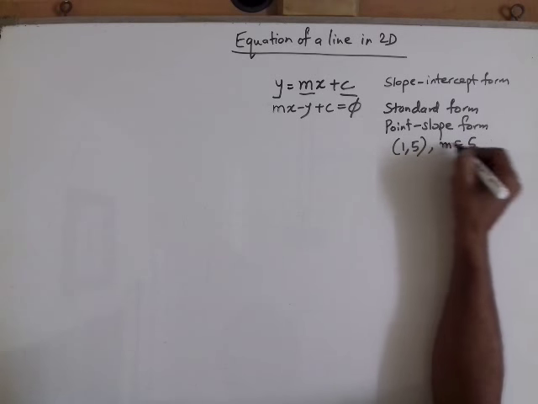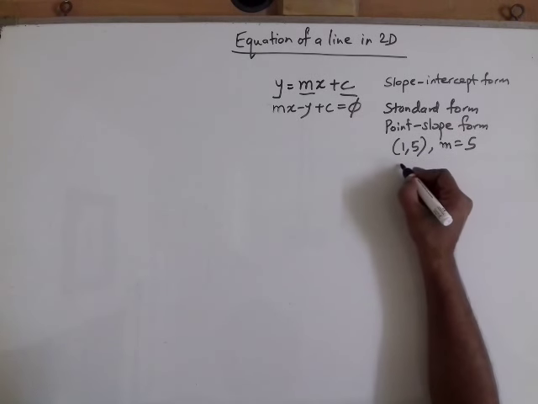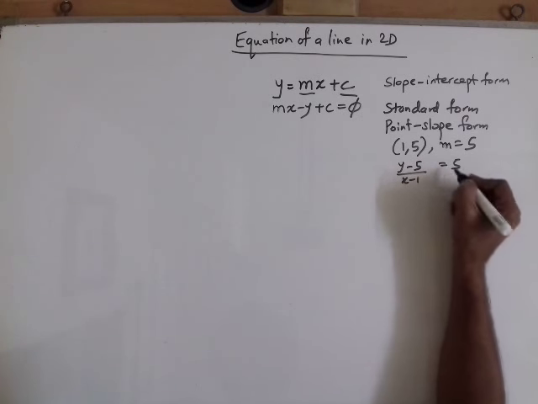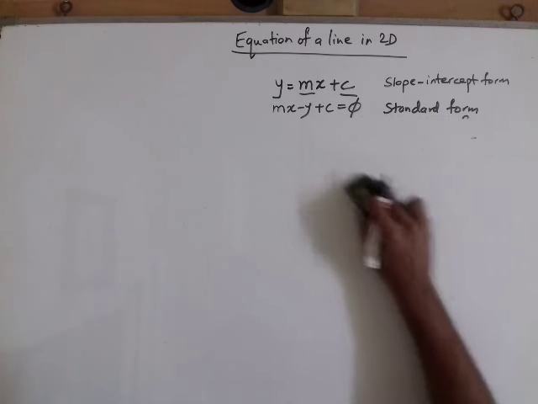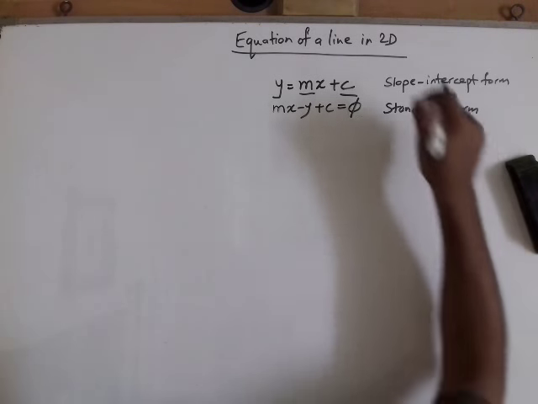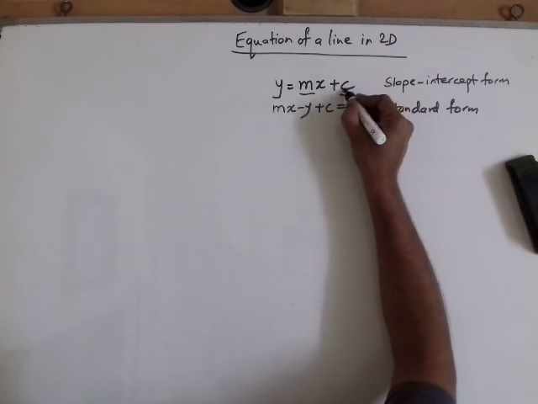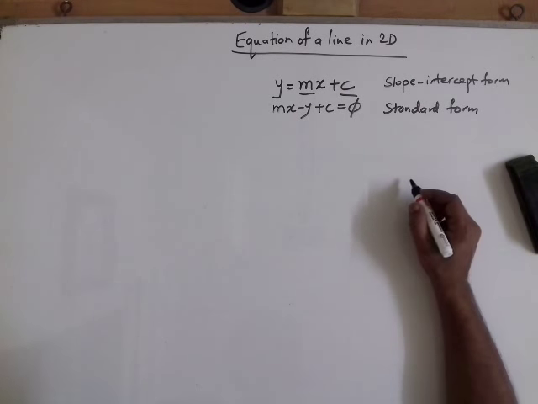Okay, I won't go into how we construct a line, but just to quickly do it, that would be y minus 5 upon x minus 1 is equal to 5. That would give you the equation. So these are the three forms. I'm just going to leave these two. This one because it was our favorite and the one that we were most familiar with in school.